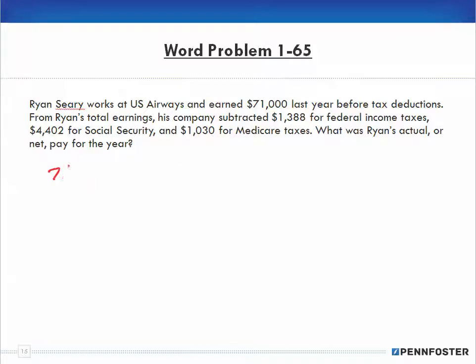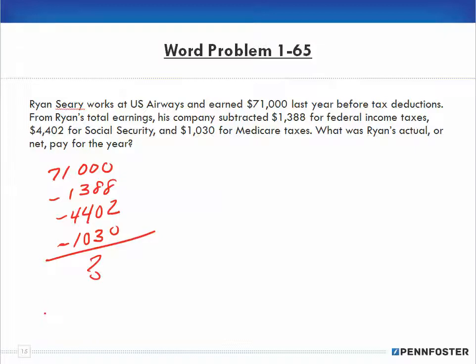We could take the 71,000, and then we know that we have to subtract 1,388 from it, 4,402 from it, and 1,030 from it, in order to get that amount.